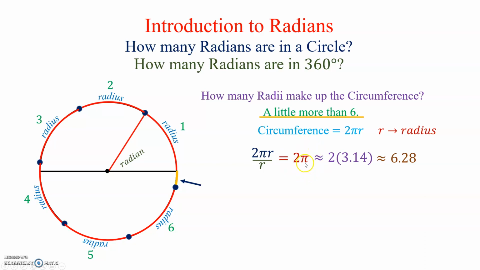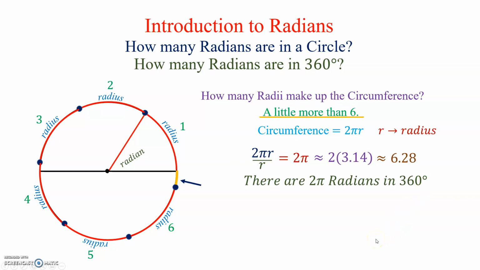So we're using pi as a number that helps us to tell how often something occurred. So we're saying that there are 2 pi radians in 360 degrees.